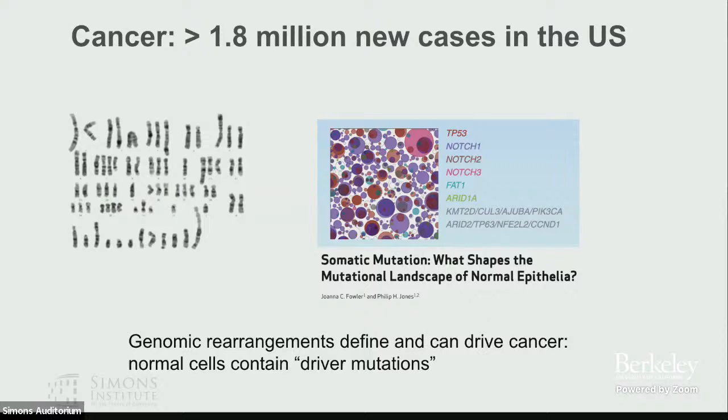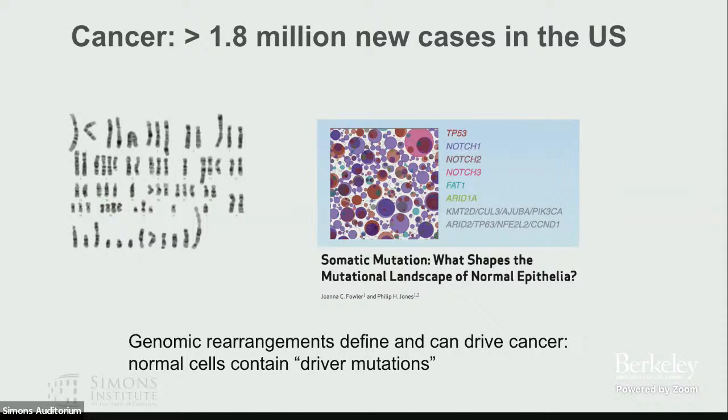And you can see that on the left here with an incredibly aneuploid chromosome cytology from a tumor cell of a glioblastoma. And this is very typical of cancer cells, okay? They don't have normal chromosomal configurations.